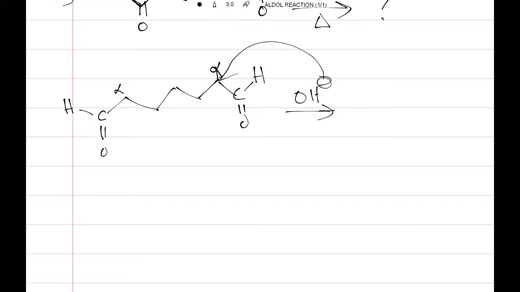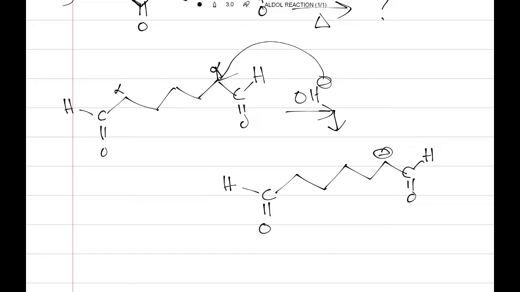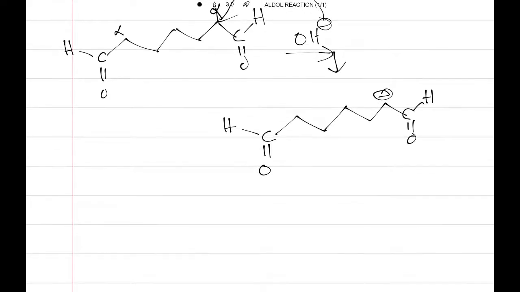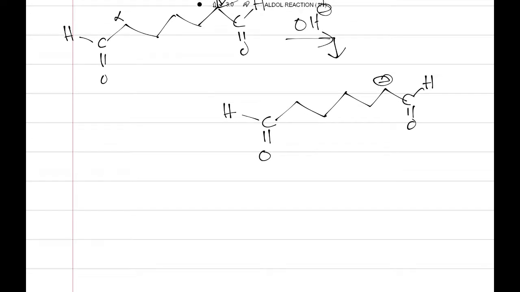Now what can we get after removing the proton? We can get the negative charge, C double bond O hydrogen, and here it is also double bond O hydrogen. Now after forming the carbanion, what is our next step? The next step is cyclization. Now how does cyclization take place?